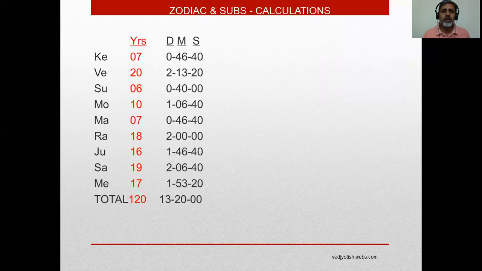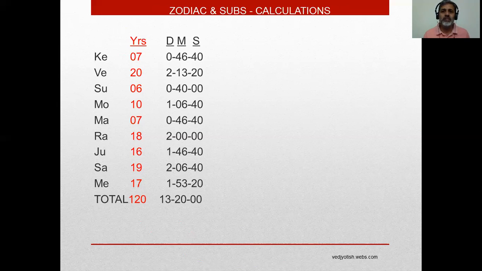At the time of birth, we calculate the balance of Dasha for each nativity. The logic for calculation of sub remains the same as what was taught by the rishis thousands of years ago for Vimshottari Dasha.